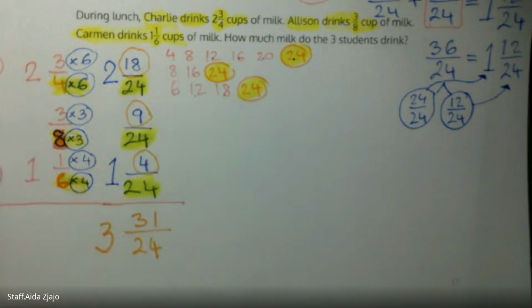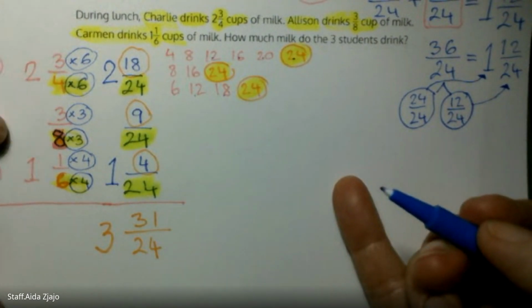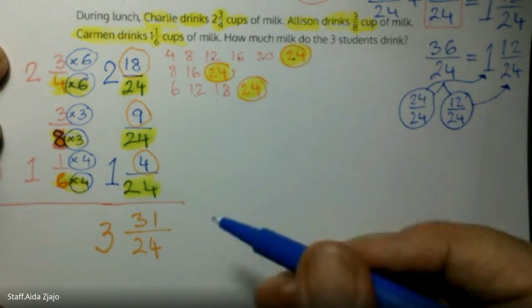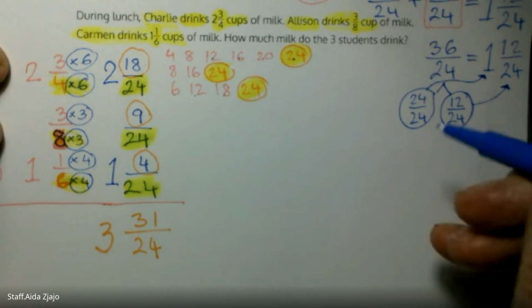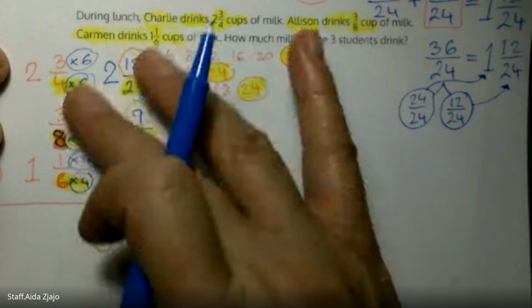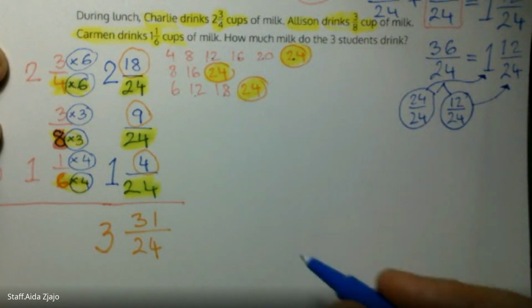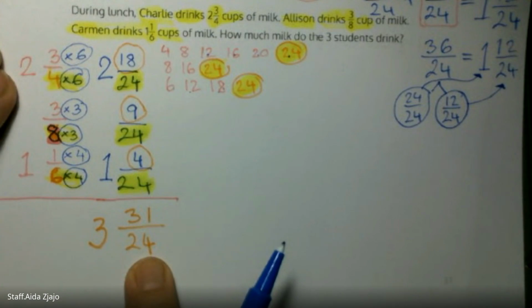That's how sometimes Americans use the vertical addition, so you have to be familiar with that. I usually do horizontal, which is much easier for me than this one. Okay, so anyway, I can do that too. Now you have 31 24ths.